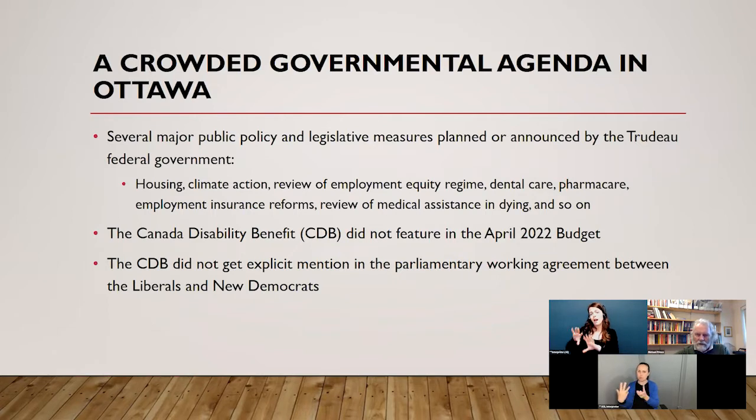So there is a lot going on, although sometimes it may not seem to be the case. And fingers crossed, I'm hoping that the bill will be tabled in the House of Commons in the next few weeks, but certainly before June. And that will then kick off the more formal parliamentary process as we move forward.